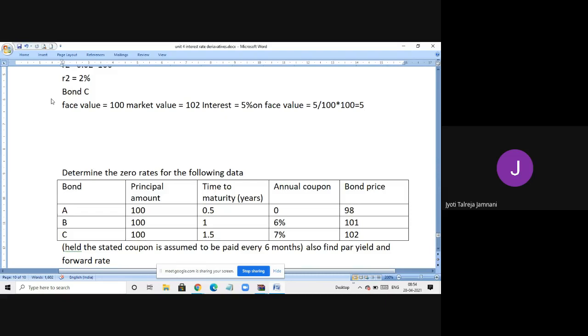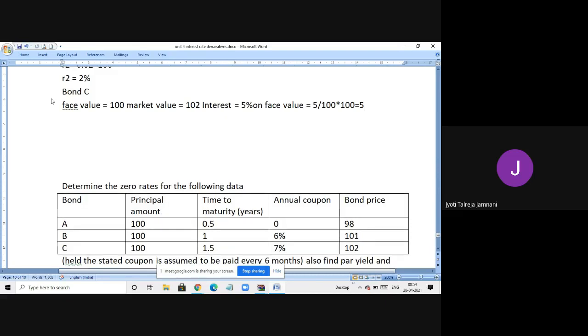So this is the yearly interest rate. If we want the half yearly rate, it will be 5 rupees divided by 2. So we get 2.5 as interest for every half year.